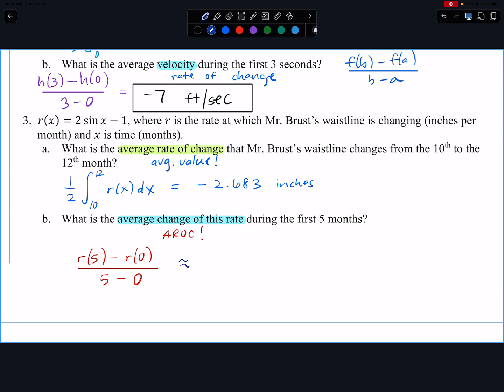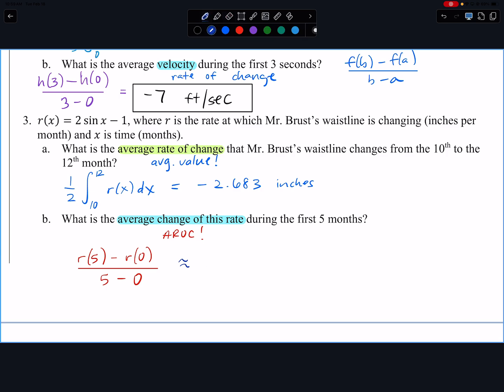I get 0.035. No? Negative 0.6. Oh, you know why? My calculator's in degrees. Silly.